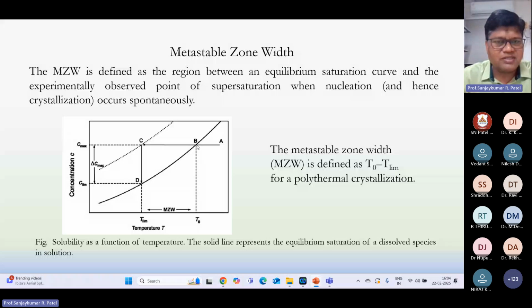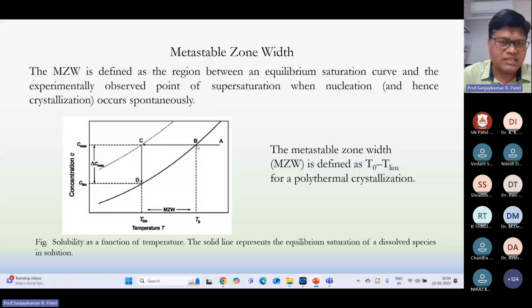So the solute is totally in dissolved form, or the solute is at the saturated limit at this point. This is the concentration initially. And from this, if I need to separate the solute from the solvent, I need to create some supersaturation concentration at which the nuclei become a detectable size.